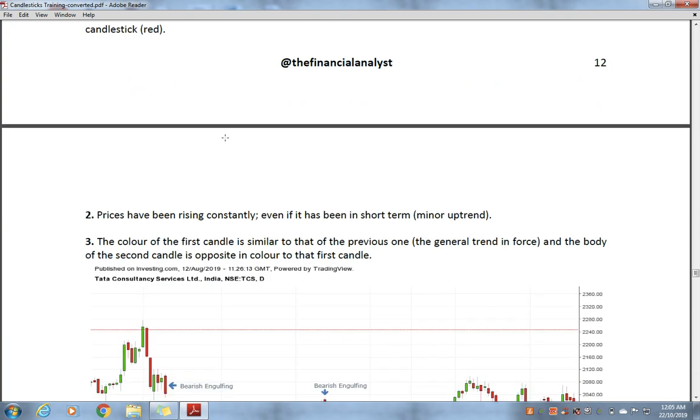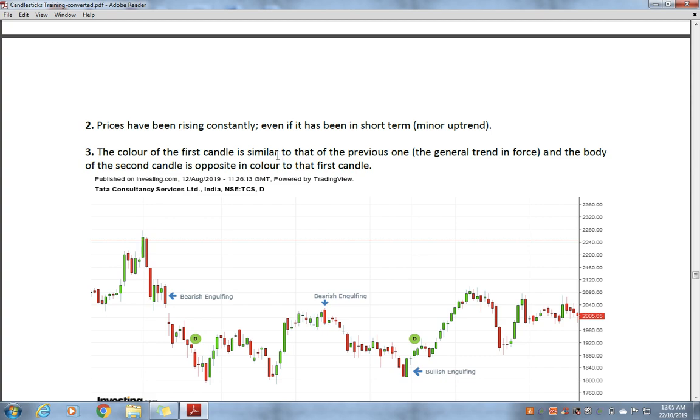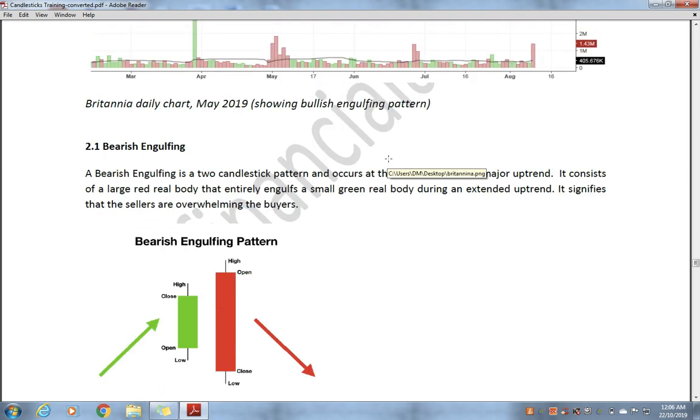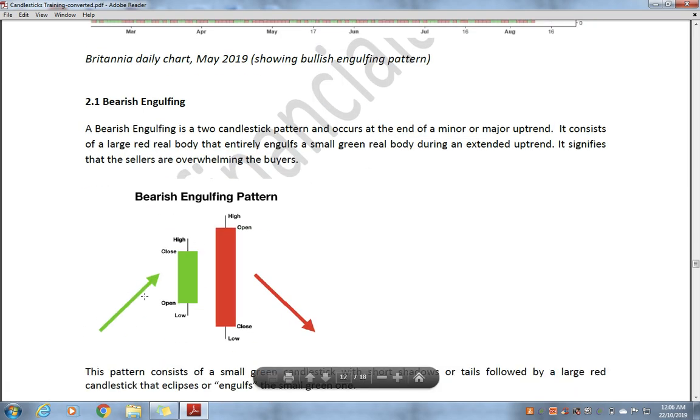Prices have been rising constantly, even if it is a short term or a long term uptrend. The color of the first candlestick is similar to that of the previous ones. As we've discussed, the prior trend has been up, so the previous candlesticks must have been green. So the first candlestick is generally green in color and it is followed by a red candlestick, which is opposite in color.